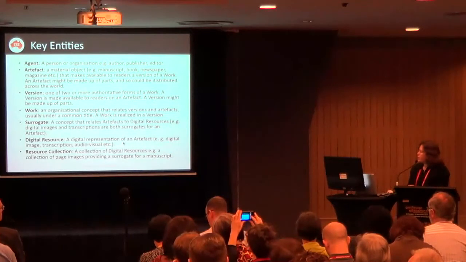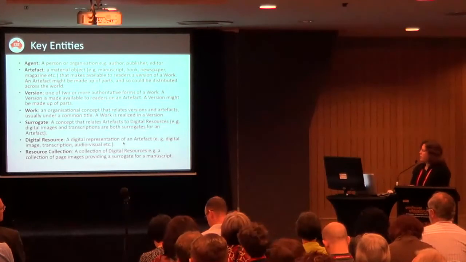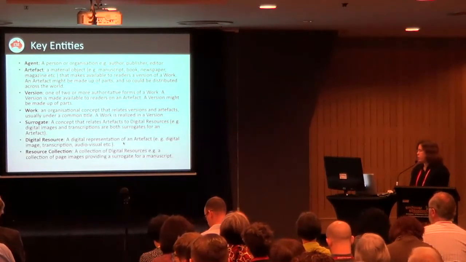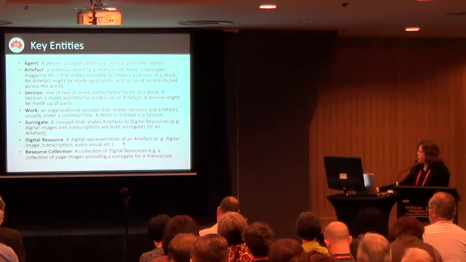We've got digital surrogates, which are the scans or the transcriptions for the artifacts, and there may be more than one surrogate for a particular artifact. So if you have a manuscript that has many versions because it's got layers of revision, you might have several transcriptions. Digital resources, which are the files that represent those surrogates, and then collections for those resources.